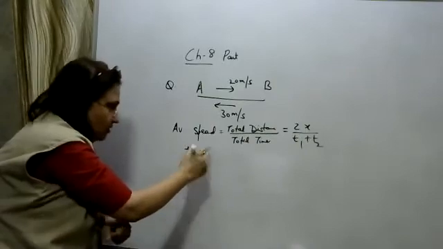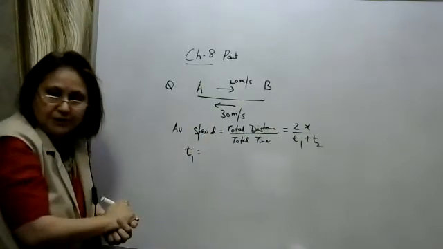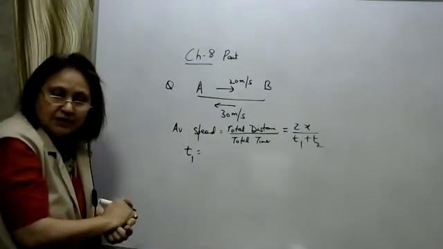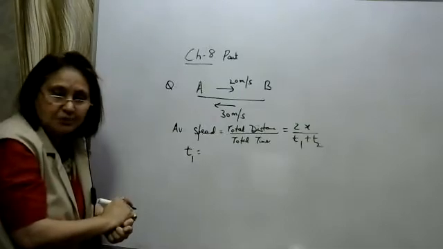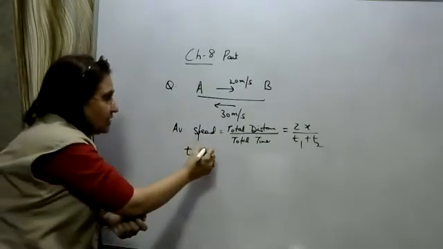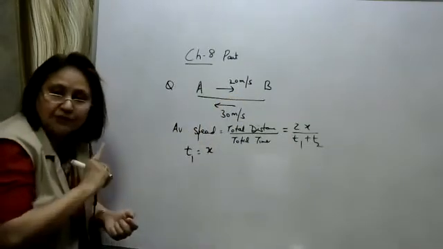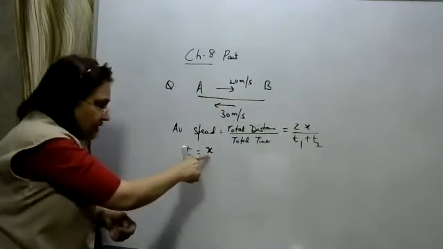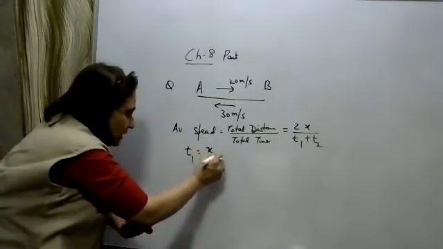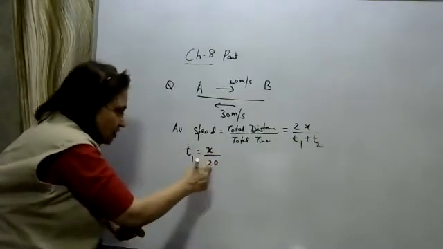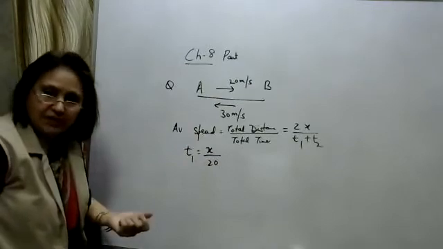So t1 for going from A to B: t1 is equal to distance upon speed. What is the distance traveled? From A to B, it is x. Time taken is distance upon speed, x upon what speed is it traveling? 20 meters per second.